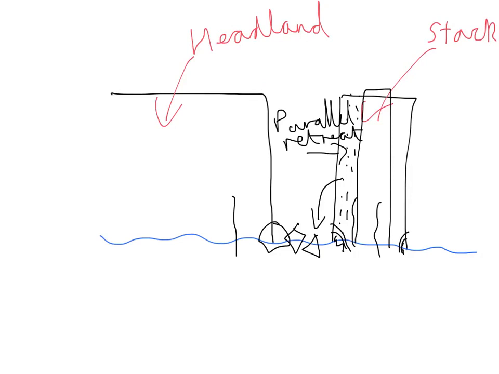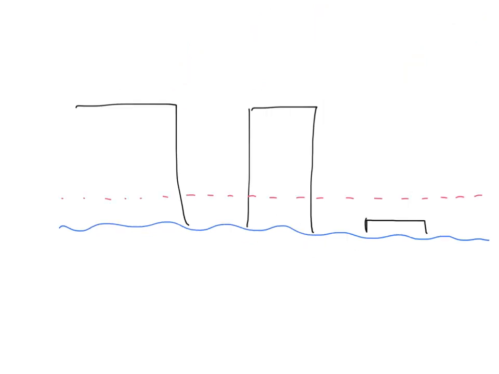Now lastly, the last stage is where the stack eventually collapses. Again, there's overhang on the stack, and it can no longer be supported, and often in storms, such as in 1896, Old Harry's wife, he used to have a wife, collapsed.